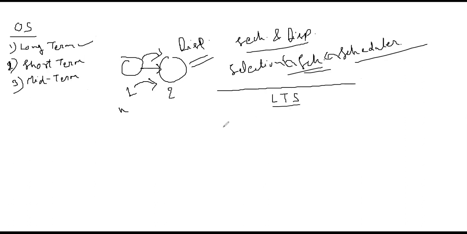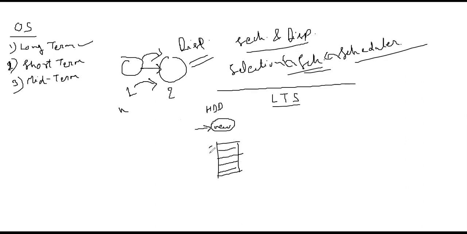Where you find the long-term scheduler is in the process state transition diagram. We have the new state. New state means we are in the hard disk and the process is about to be created.